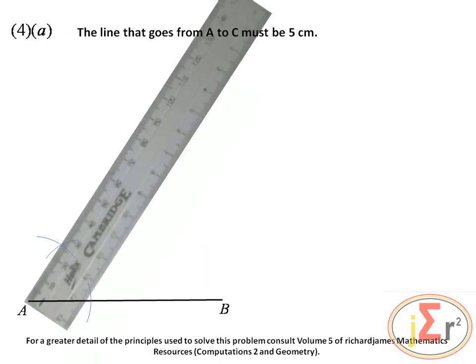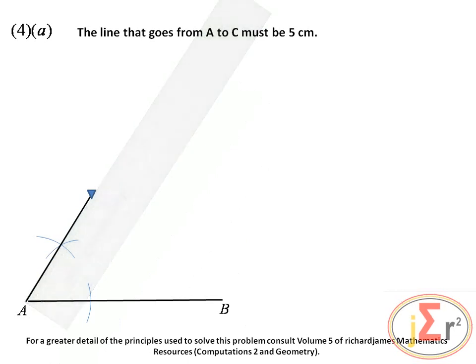Take our ruler and we draw a line which is 5 centimeters long. So 5 centimeters, that's it. There goes our ruler. We may then label the point C, and of course we are going to complete the triangle by joining B to C.